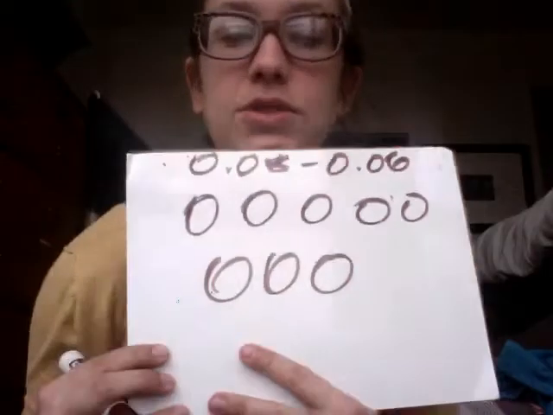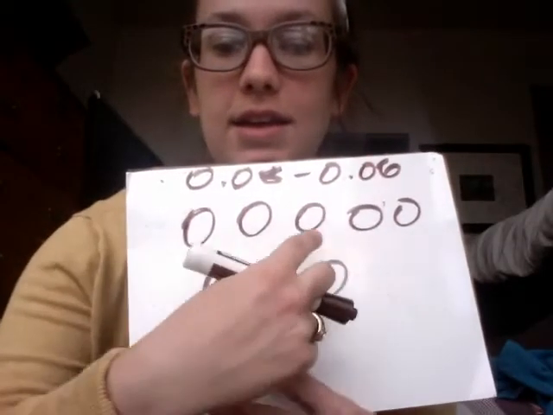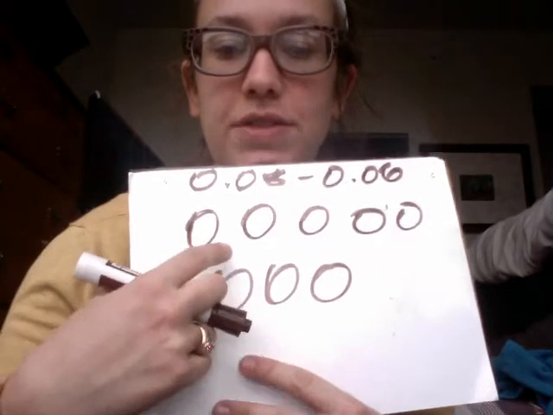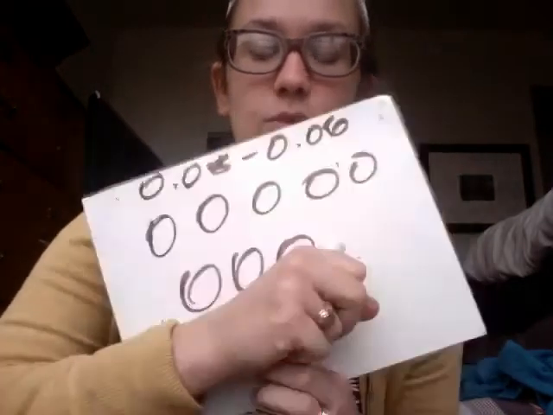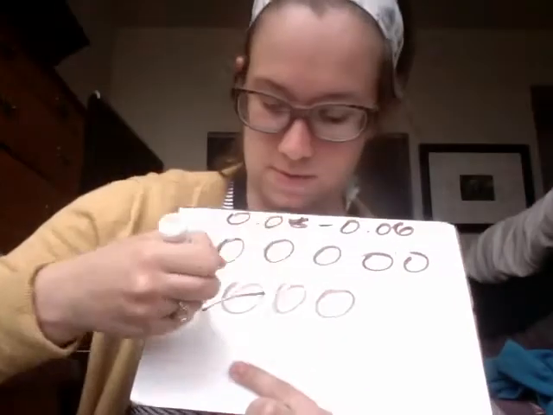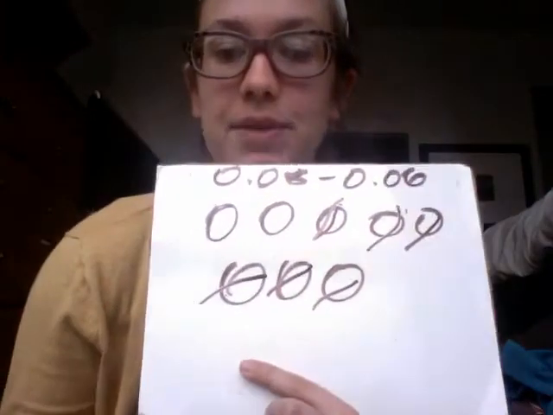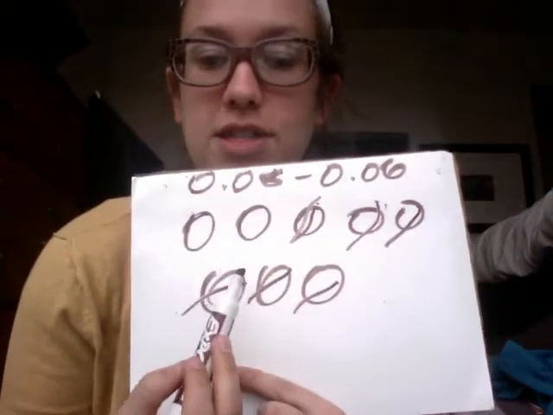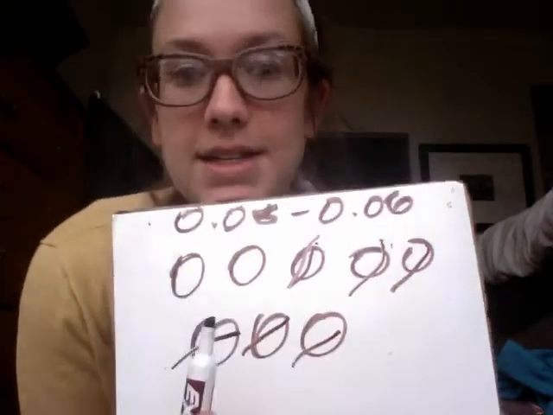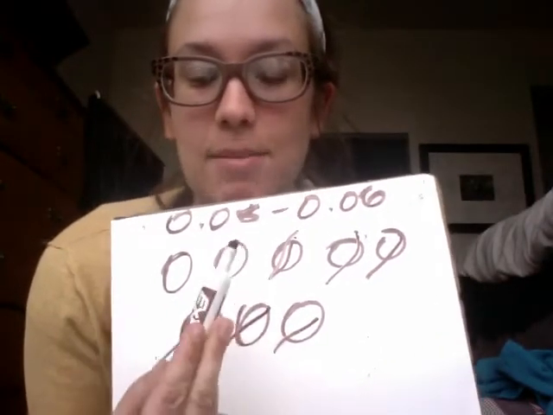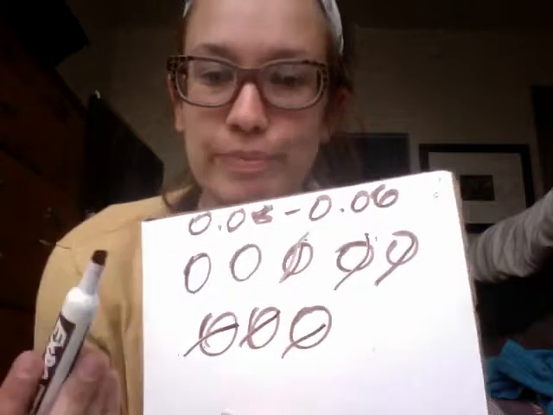So I've drawn out 8 hundredths. These are little hundredths. We're taking 6 away. So 1, 2, 3, 4, 5, 6. We have 2 hundredths left. That makes sense, right? Because 8 minus 6 is 2.